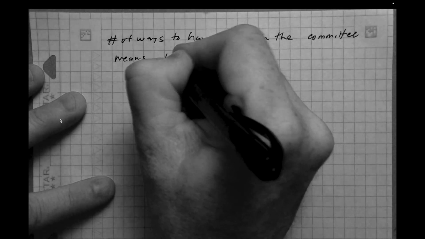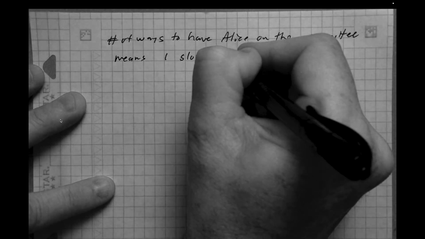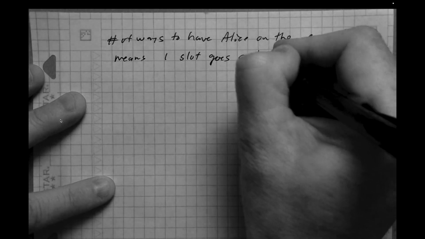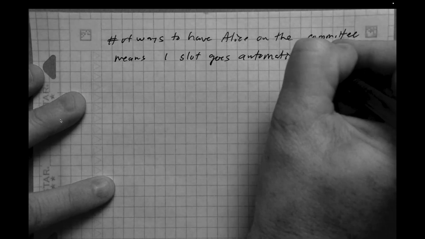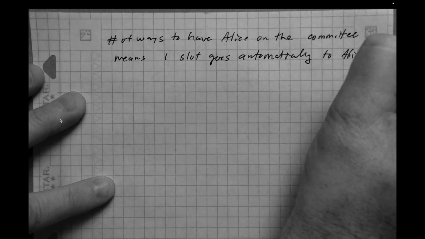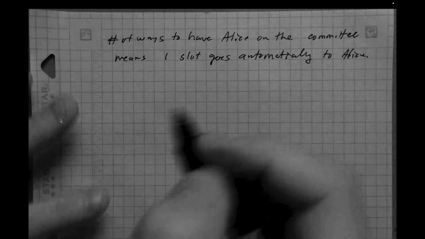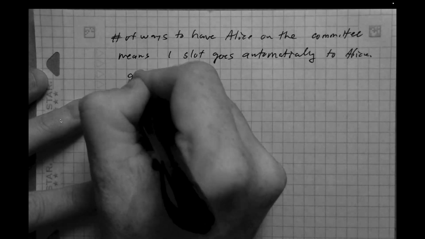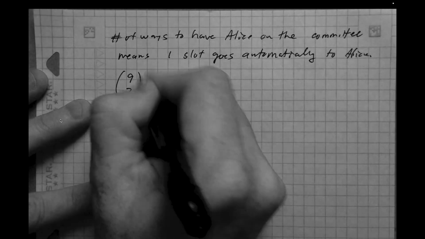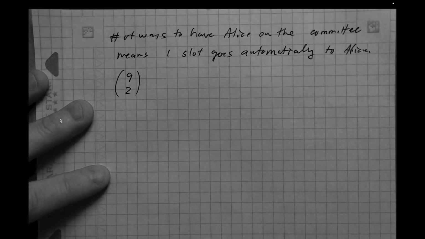So we're going to fix Alice as a member, and we're going to choose 2 more from the remaining 9, right? And so that means I've got 9 choose 2, instead of 10 choose 3, right?